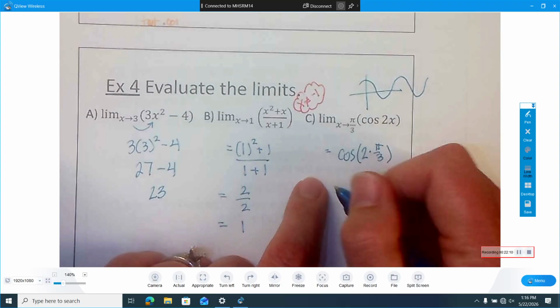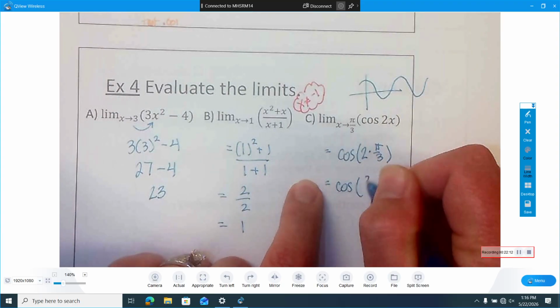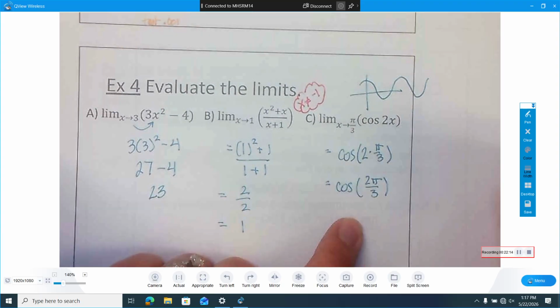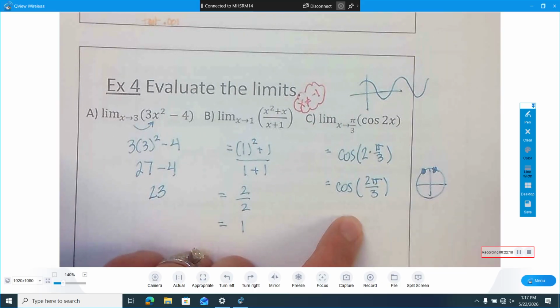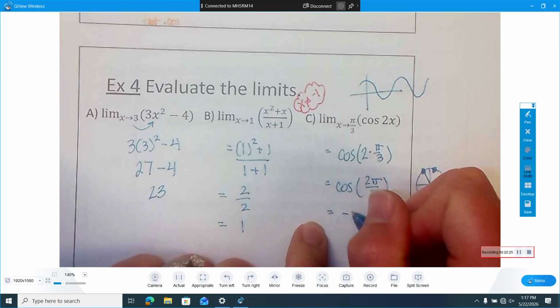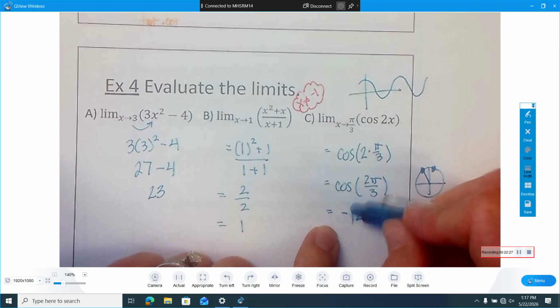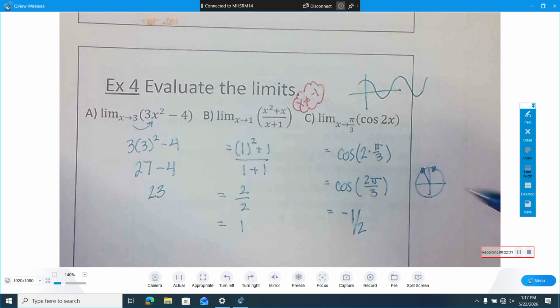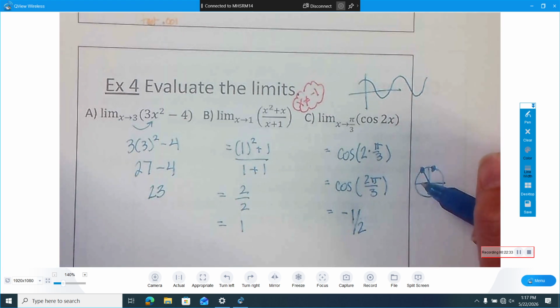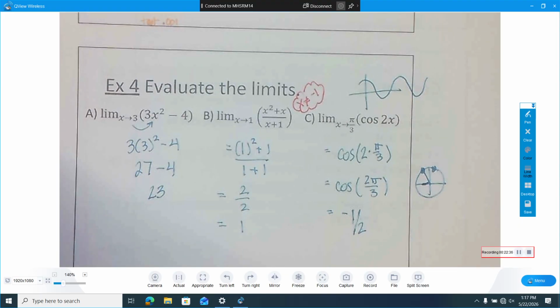What is 2 pi over 3? 2 pi over 3 is right there. That's gotta be negative. -1/2. Very good. I'm glad you haven't forgotten your trig yet. The cosine value is the x-coordinate. That's a negative land, a little shorty leg there. All right, -1/2. Questions on that?